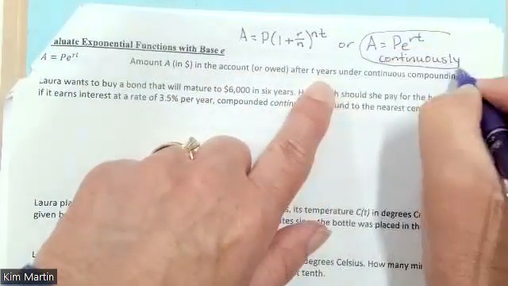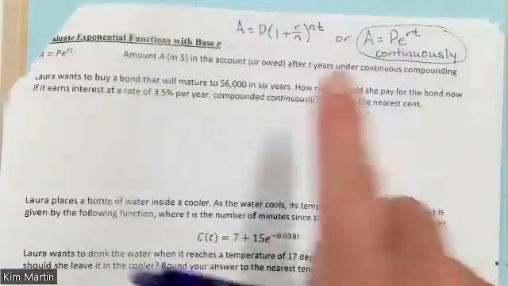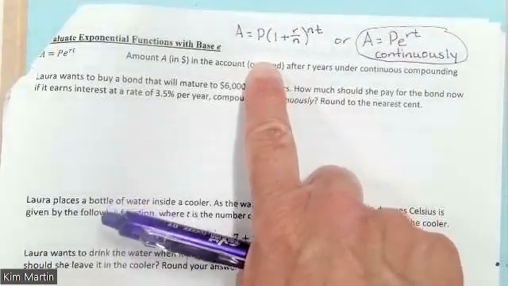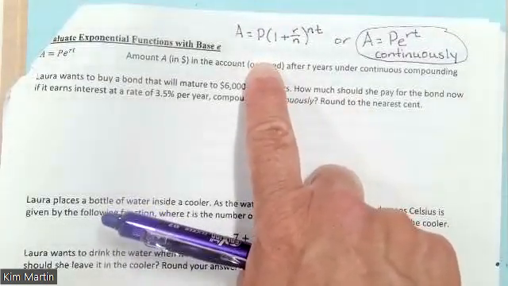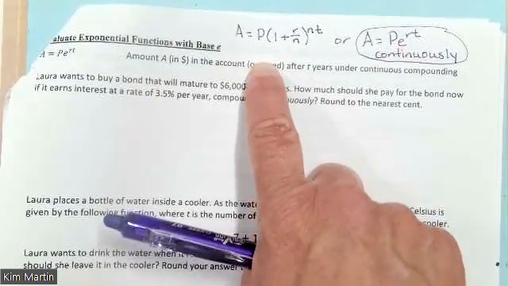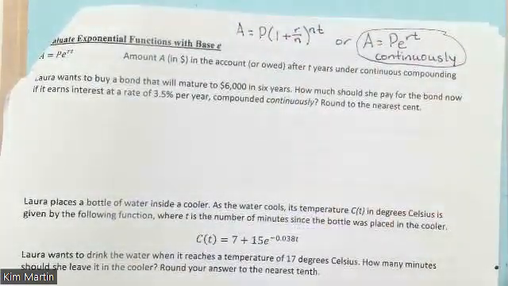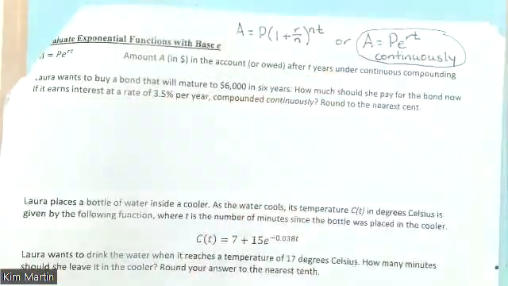That tells you to use this. This one, again, you'll use for everything else. This one will say compounded continuously. When you see that word continuously, you know I've got to use this.